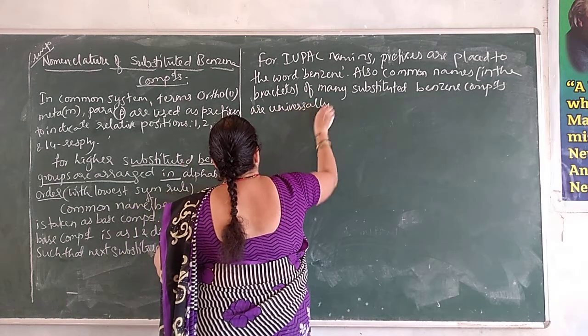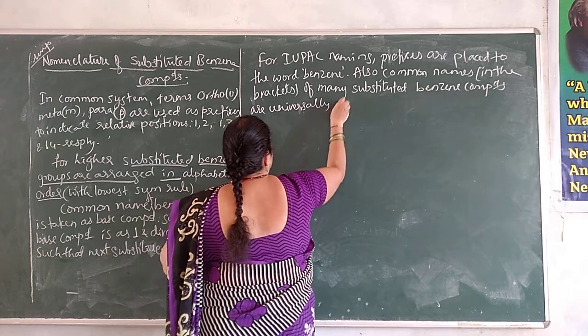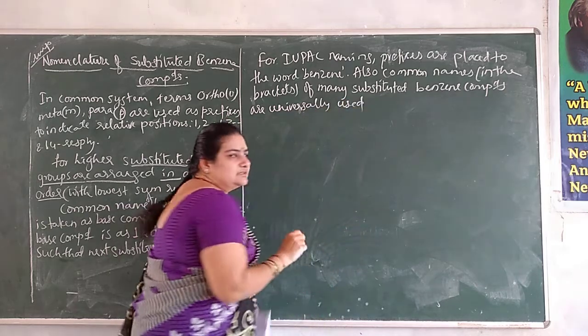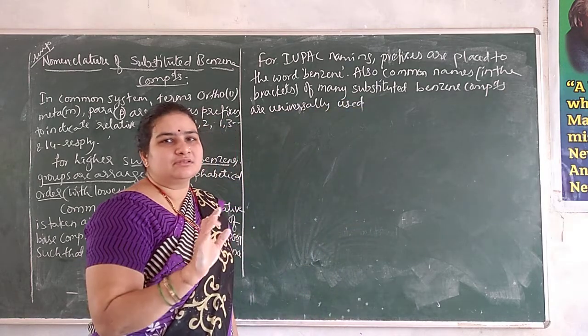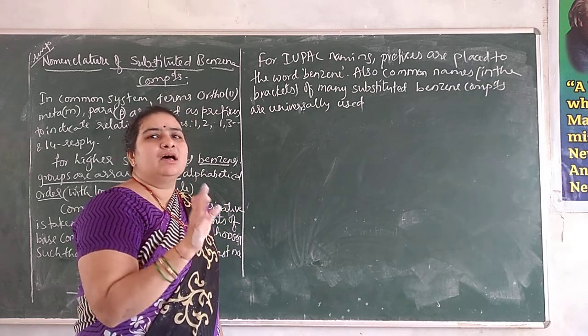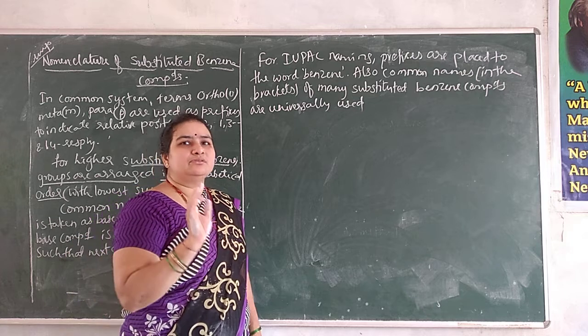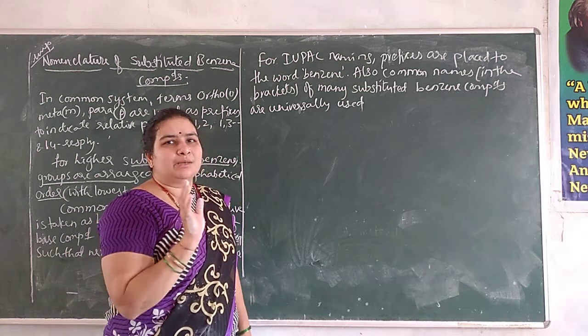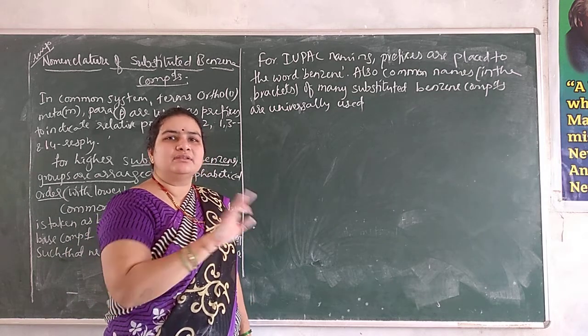Let us practice some. For the aromatics this is the method. You can name any way, but you have to follow the rules: go through the lowest sum rule and alphabetical order, that is enough.